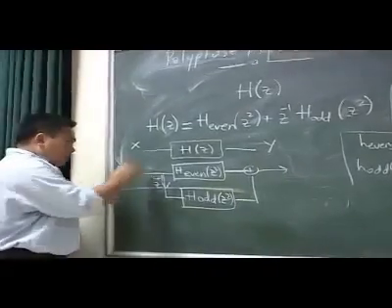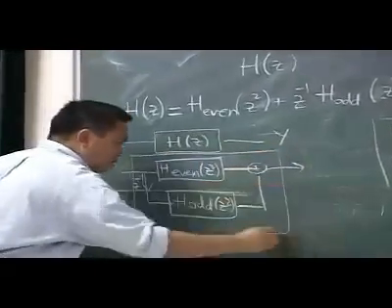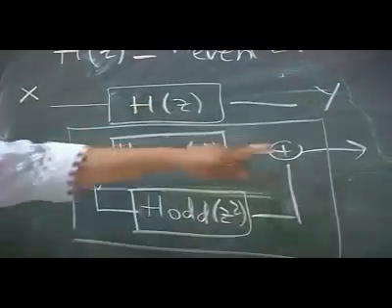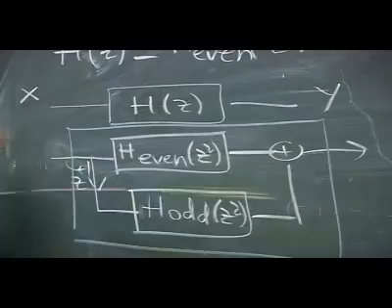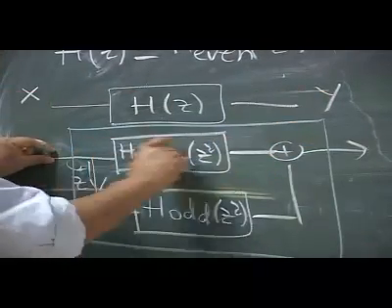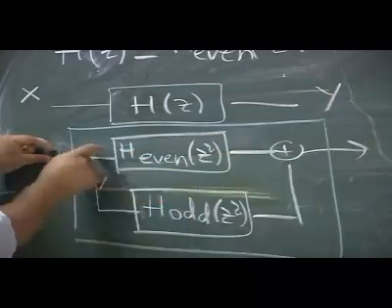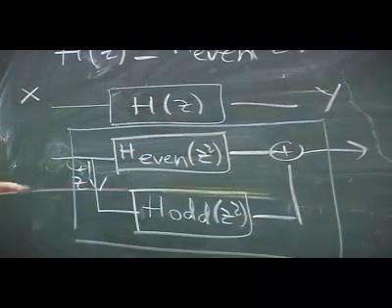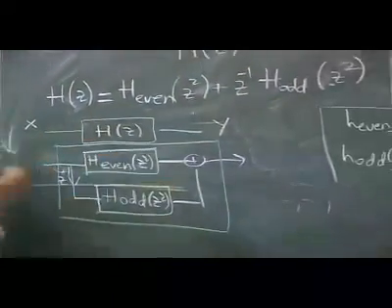So this whole thing here is x of z. Same input, same output. Alright? X of z becomes h even of z square plus z inverse h odd of z square. So this is in terms of signal representation. This is system representation.